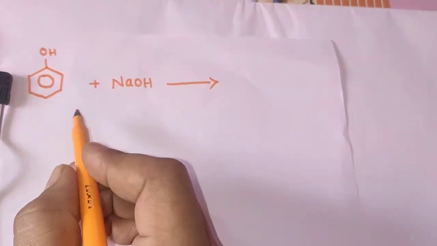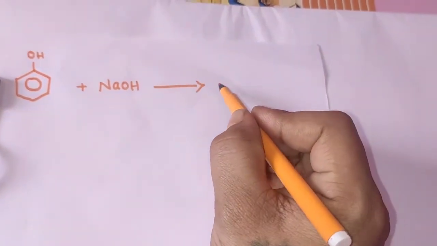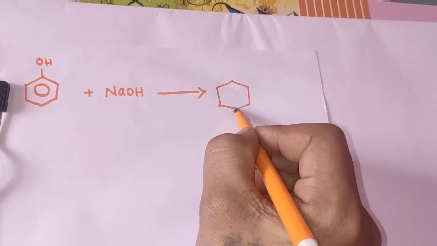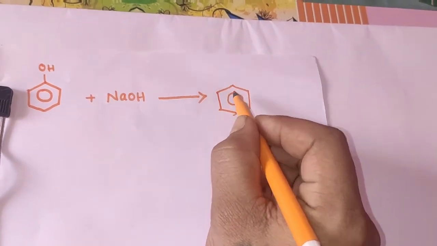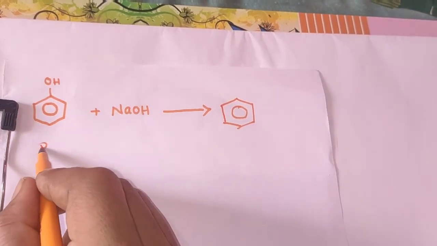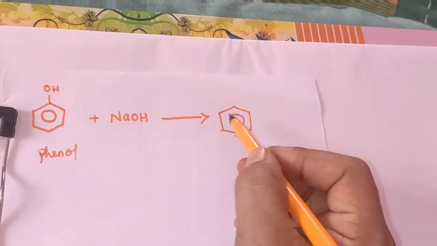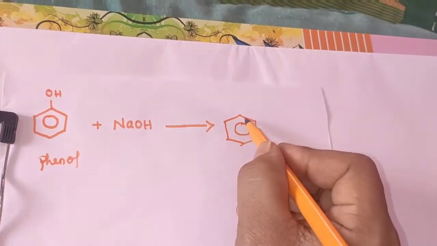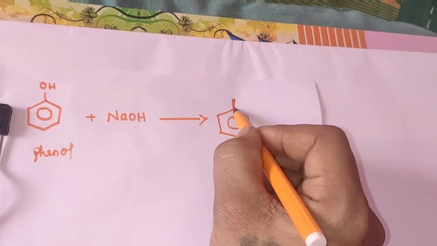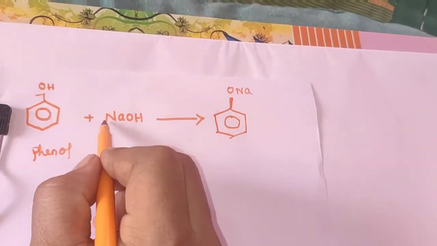See here, phenol is the reactant and it is treated with sodium hydroxide. What product will it give? There is a formation of a sodium salt: the phenol is treated with sodium hydroxide and sodium phenoxide is formed, because there is an ONa present.